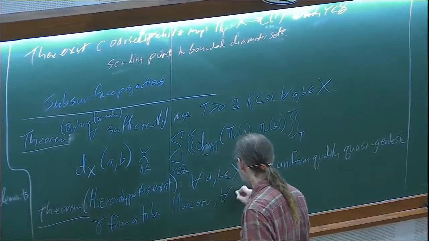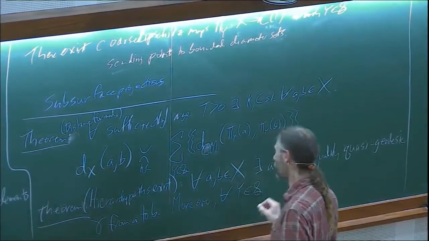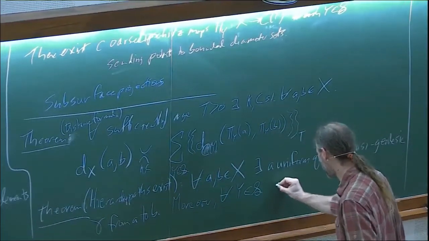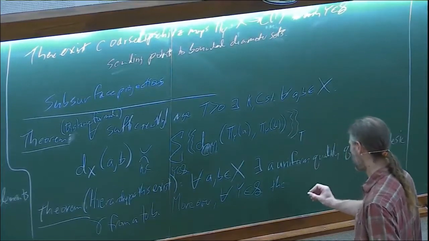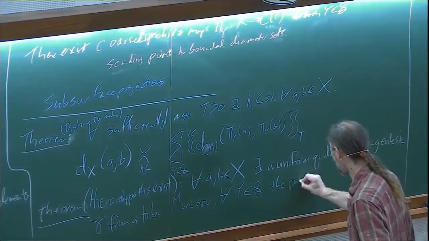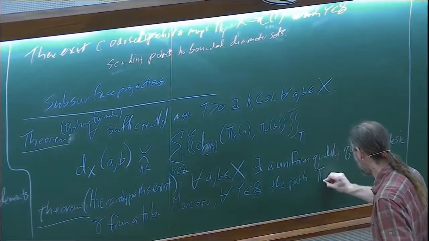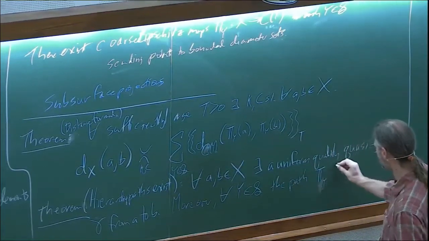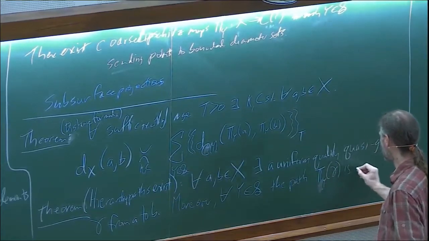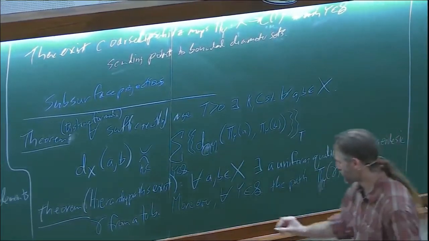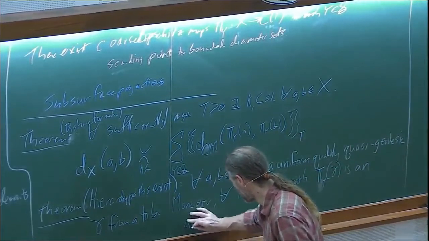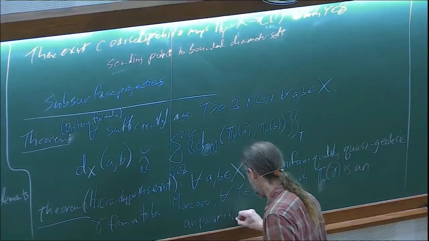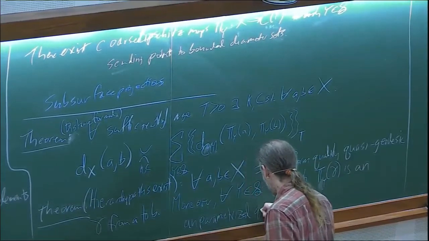for each element y, if you look at the path, the projection to y, to the curve complex of y, the projection to y of gamma is an unparameterized quasi-geodesic.